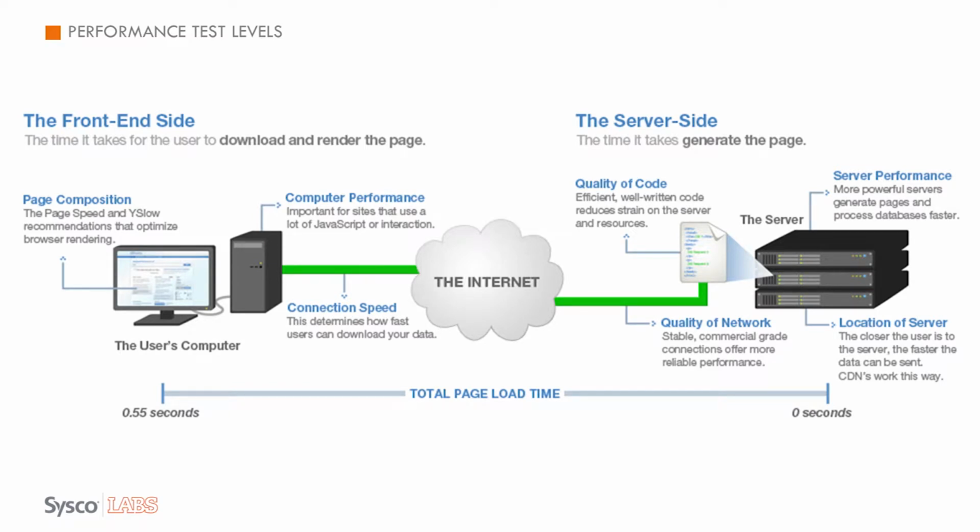When it comes to test levels, we can mainly divide it into three parts. First is the backend performance. Backend performance relies on the server, how powerful our server is, and how good our code quality is. These are the main factors on the server side.